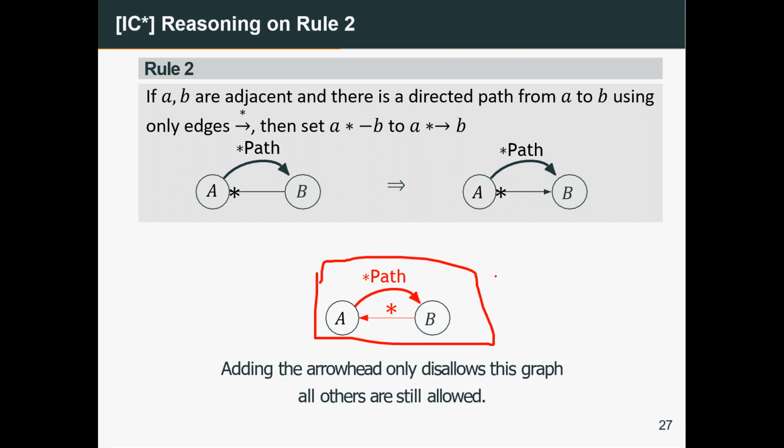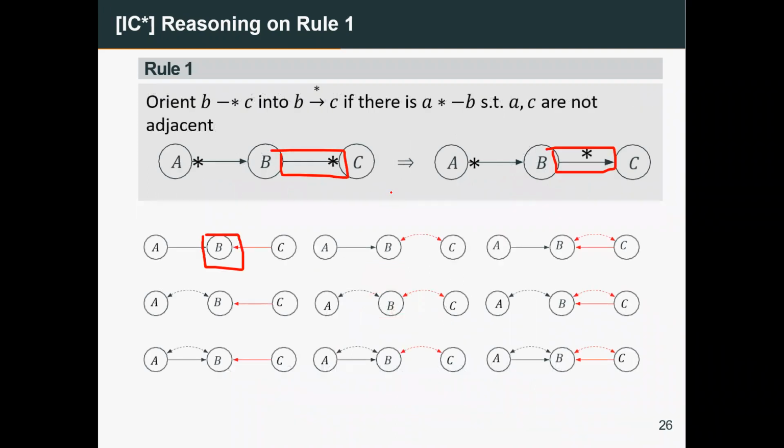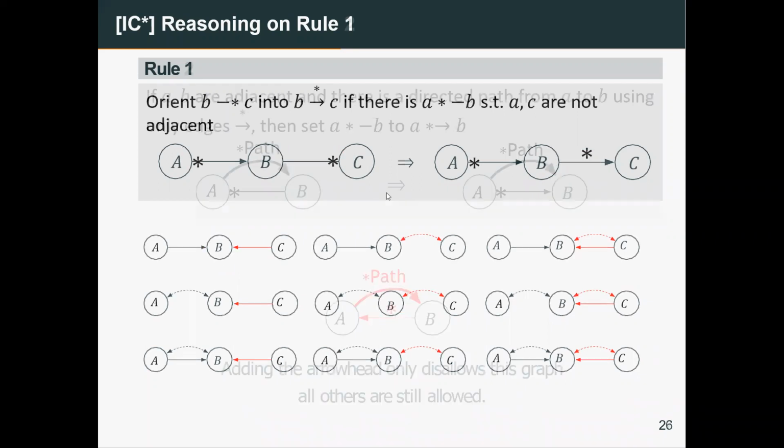So that's the idea behind rule 2. In general, for IC star, rule 1 constrains the graph a lot more strongly than rule 2.